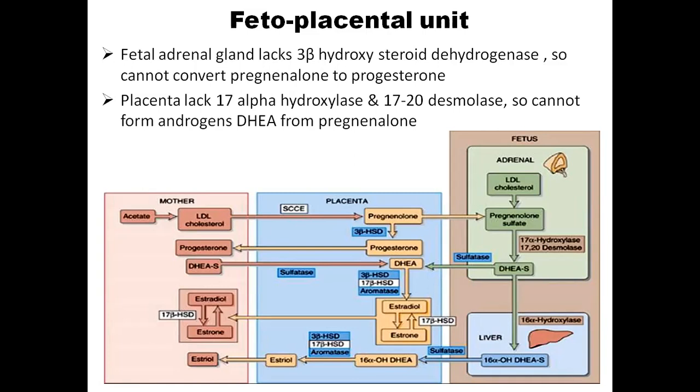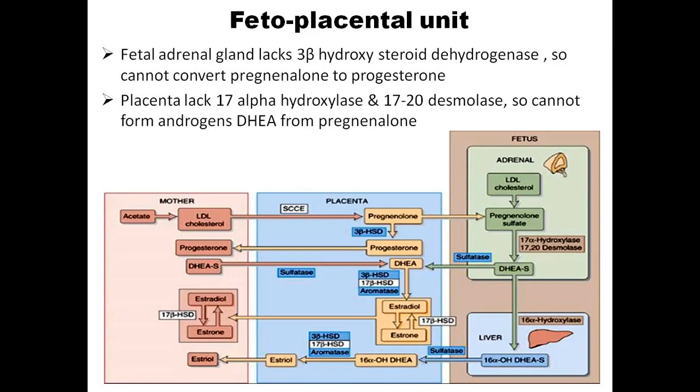Now, this has a safety profile as well, because if it continuously produced progesterone from pregnenolone, then definitely it would be under a huge load of exposure to progesterone and estrogen, and that is detrimental for it.